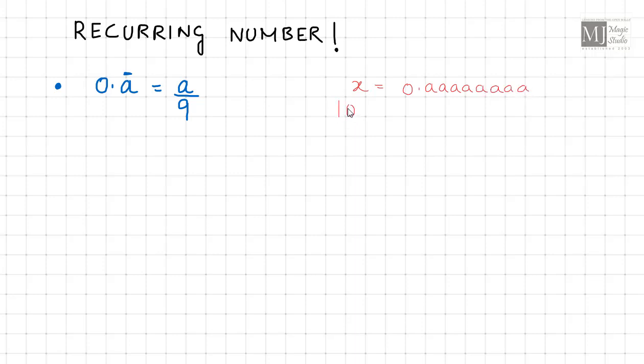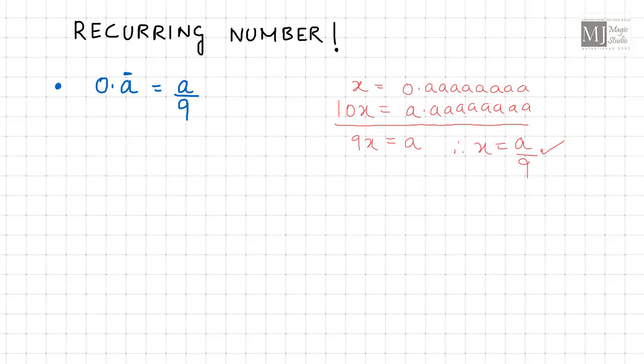Now if I multiply this by 10, it will become a dot a, again I can write it till infinity. Now if I subtract these two, I'll get 9x equals a, as all the decimal part will vanish. That means x is equal to a by 9. That is the logic behind how to convert a recurring number into a fraction.